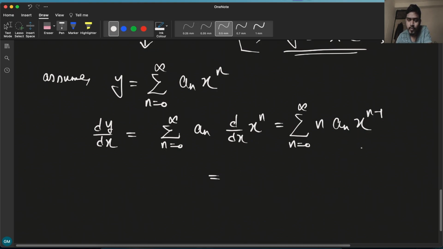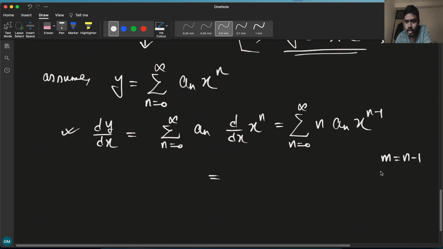So for this series, dy/dx, I want to write it as a series where it will be x to the power n, not n minus 1. So how to do that? It's just the index shifting.